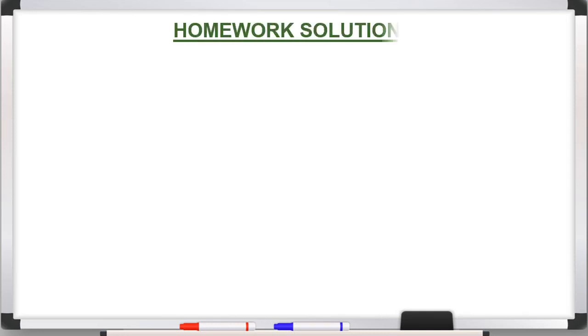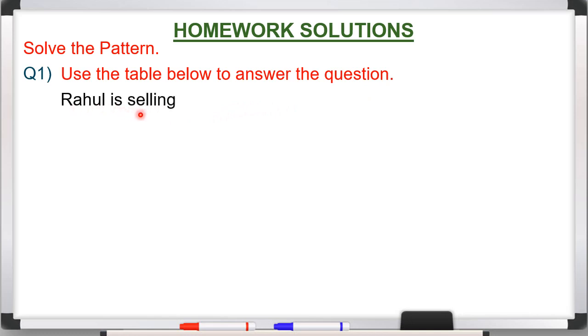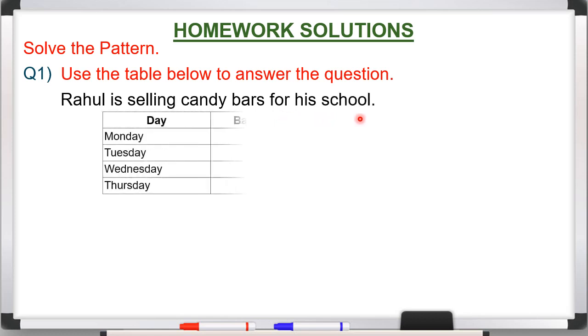Now, beta, in homework solutions, we have to solve the pattern. Question number 1. Use the table below to answer the question. Rahul is selling candy bars for his school. See here, this table is given, here day is written, here bars sold is written.